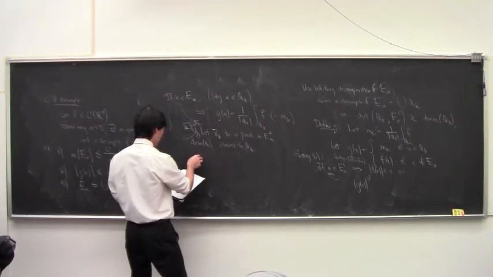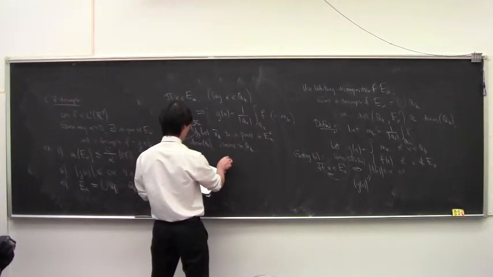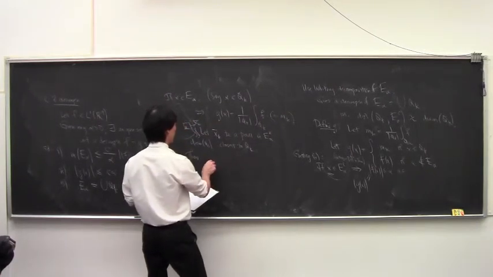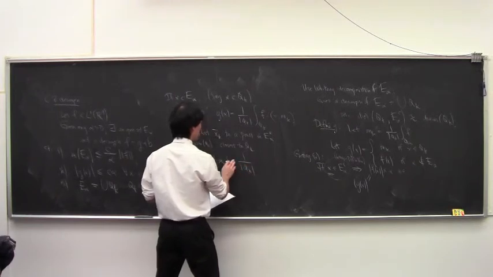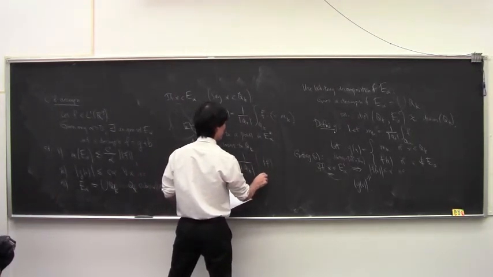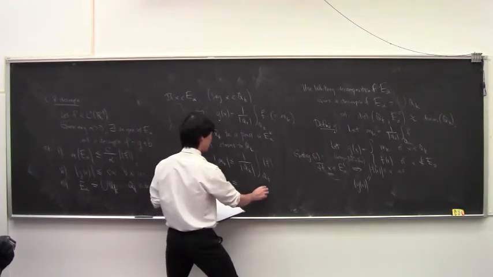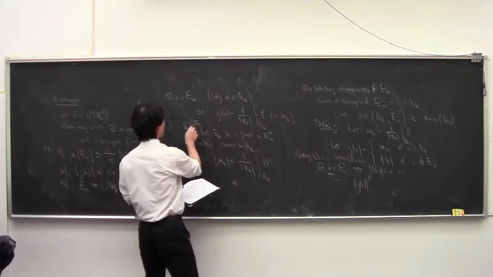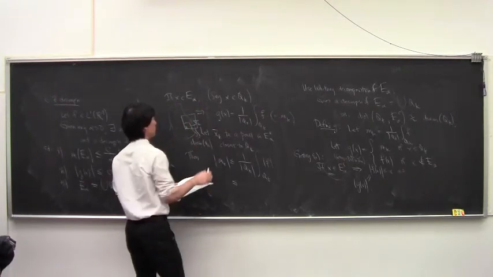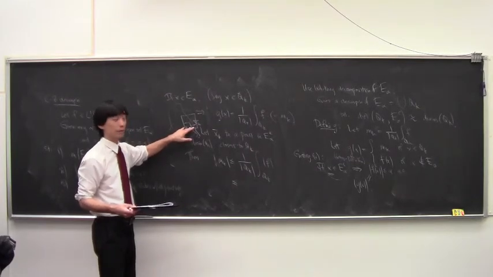Then look at the absolute value of M k. That's controlled by, basically you take the ball that contains this point and contains all of Q k.